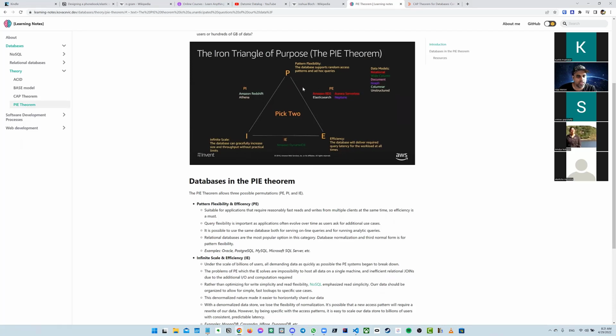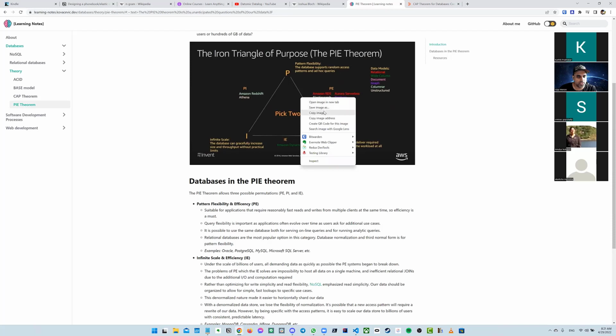And then if you want something that has P and E, pattern flexibility and efficiency, but is not so great with scale, then you might want RDS or Aurora Serverless or Elasticsearch or Neptune. And then these colors here: red is a relational type database. Green is a wide column type database. So I guess kind of SQL-ish. Pink is document. And purple is graph. So Neptune's a graph. This is actually good to know.